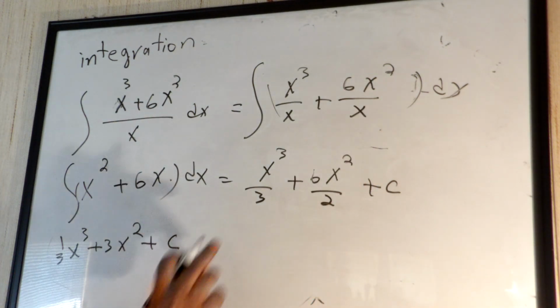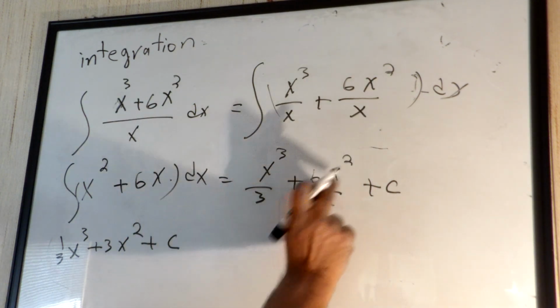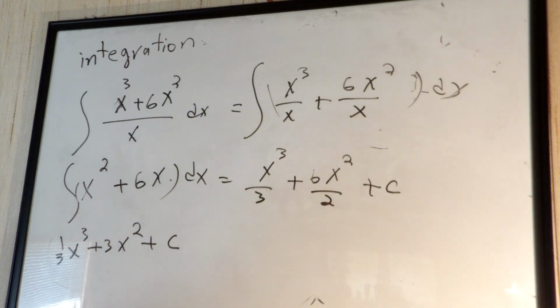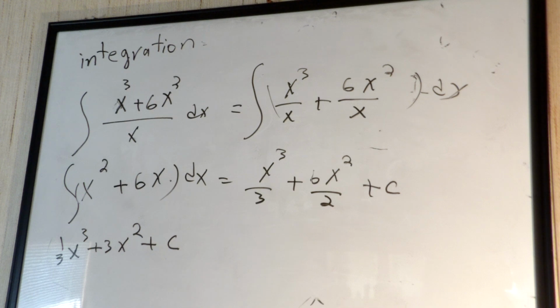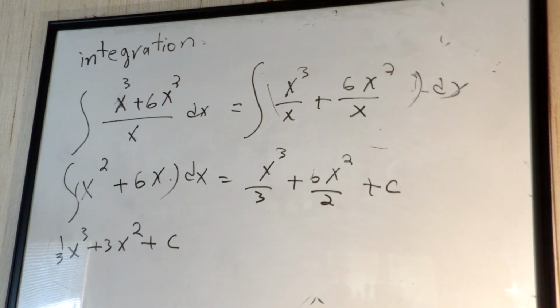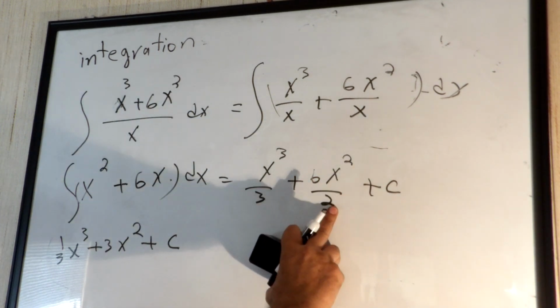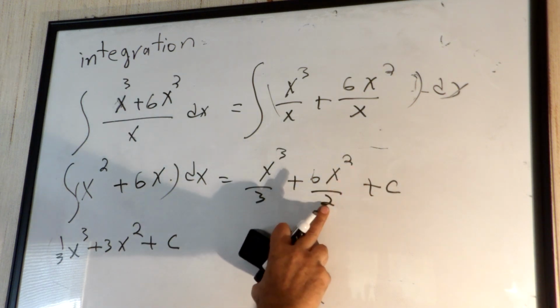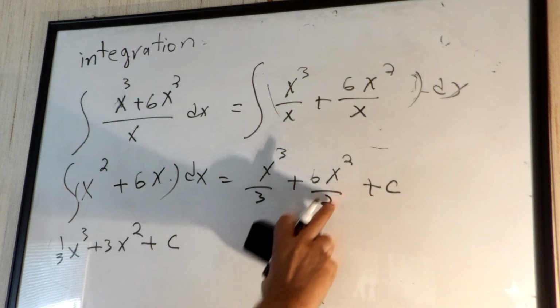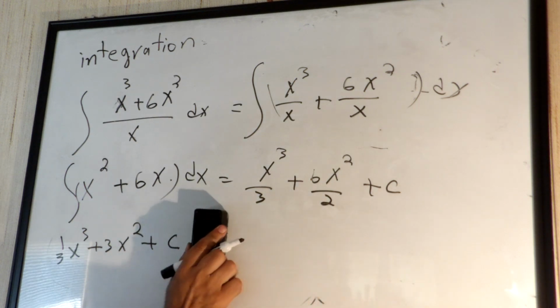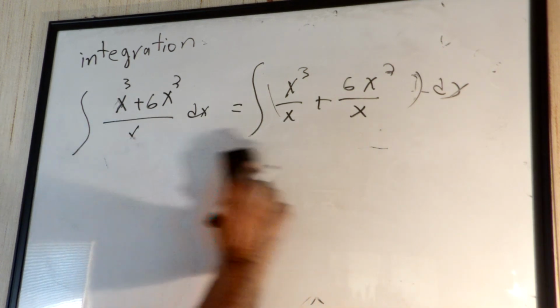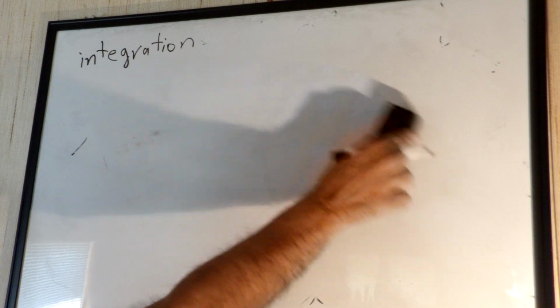It's going to be 6x, and then for 6x we add 1 to the exponent, and divide by the same as we raised it. 1 plus 1 is going to be 2, divided by 2. So that is another example. These are the techniques that you can use to get the integration of that.